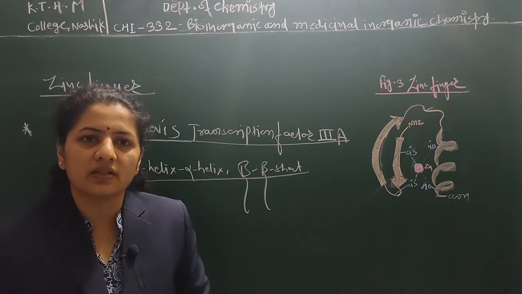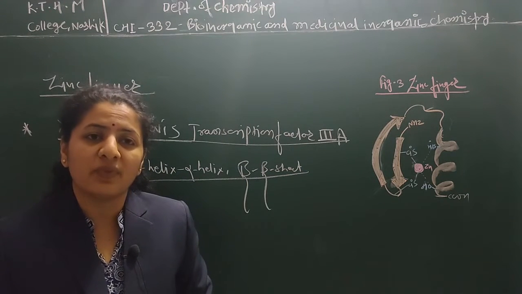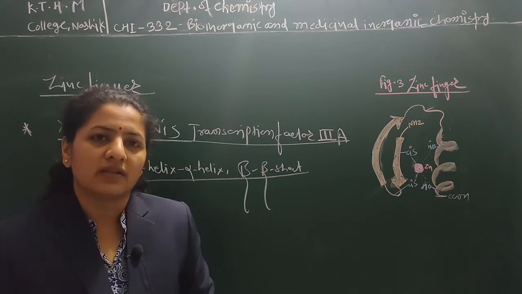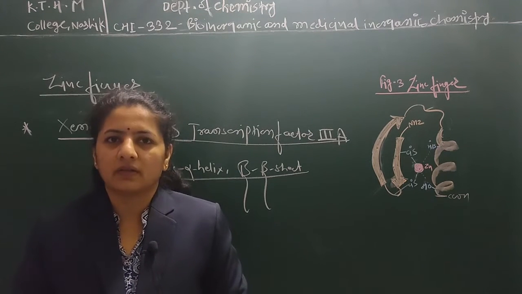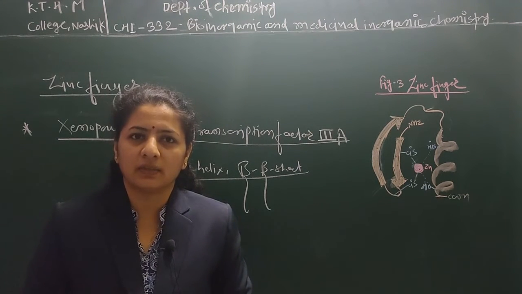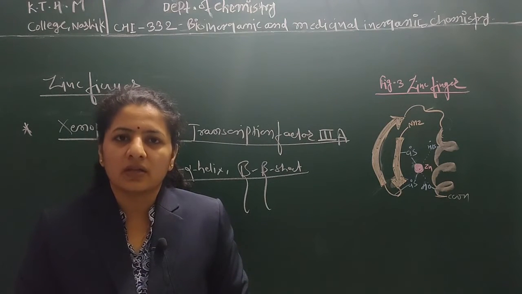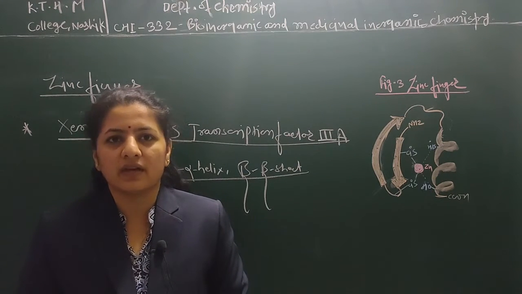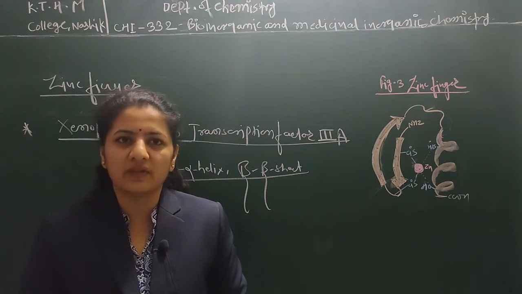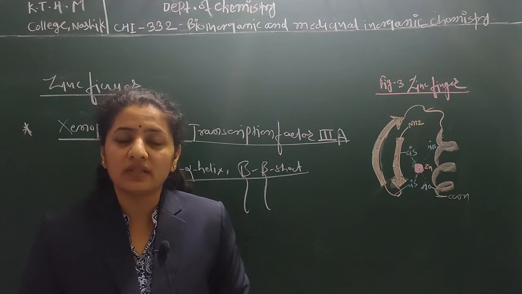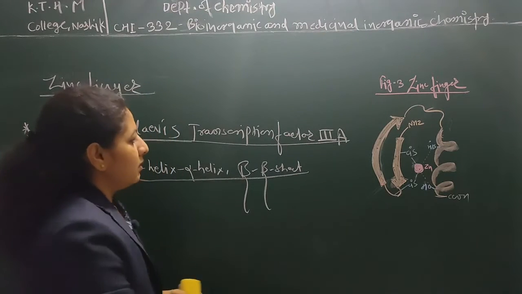These secondary structures further rearrange among themselves, which is known as the tertiary structure. The tertiary structure belongs to different kinds of structural proteins and structural motifs. Structural motifs means there is interaction between alpha helix with alpha helix, beta sheet with beta sheet, and so on. So this is known as a motif.